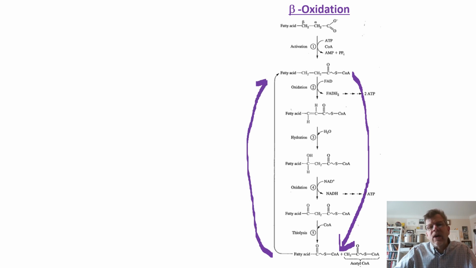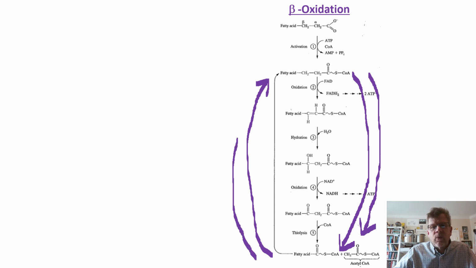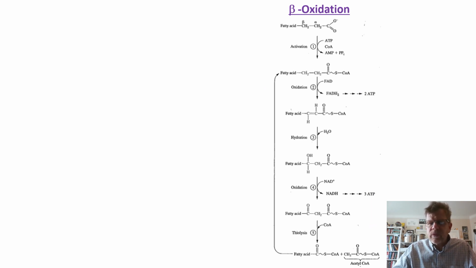That fatty acid, now shortened by 2 carbons, starts all over again and loses another 2 carbons, which, that subsequent one, that is another 2 carbons shortened, goes back to the top, and we get this cyclic structure chewing up each time 2 carbons from that fatty acid. So I want to look at 3 specific reactions in here, because as I alluded to before, that has an echo to it, a ring of familiarity.